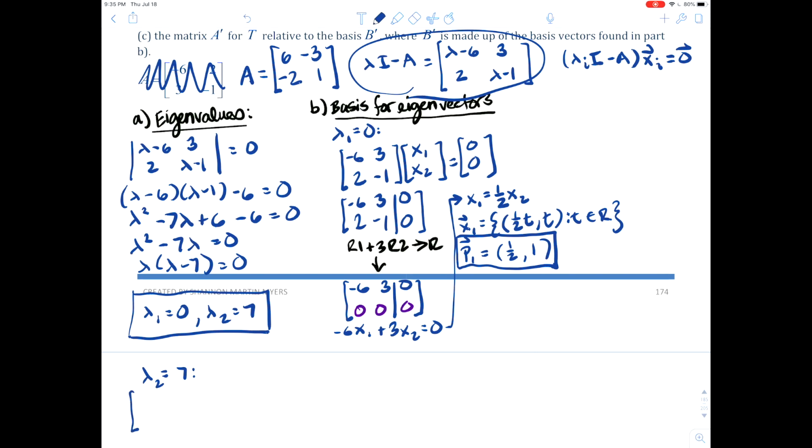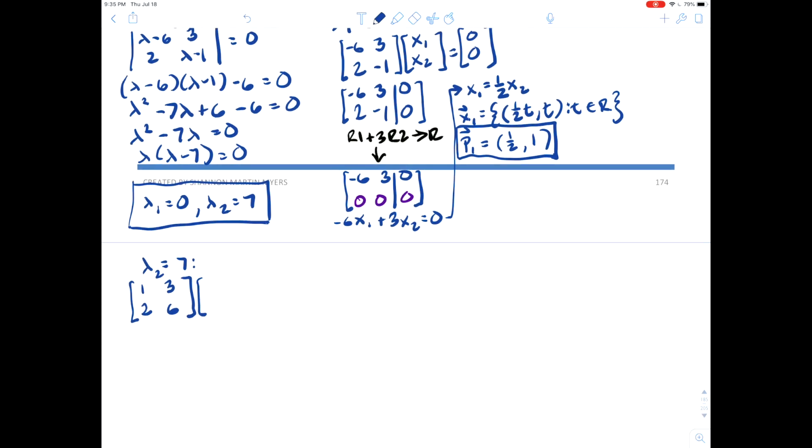So when we do that, we'll have 1, 3, 2, and 6, times x1, x2 equals the 0 vector. And so we'll have 1, 3, 0, 2, 6, 0.